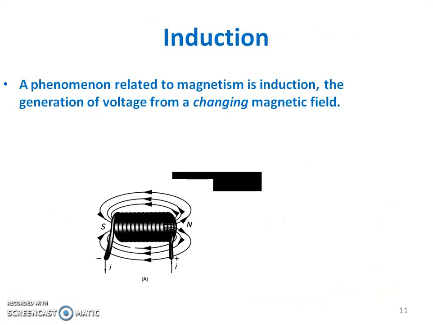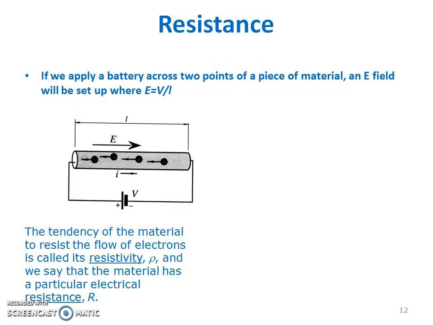Induction property: a phenomenon related to magnetism is induction, and the generation of voltage from a changing magnetic field can also be used in an induction sensor to measure any physical quantity.